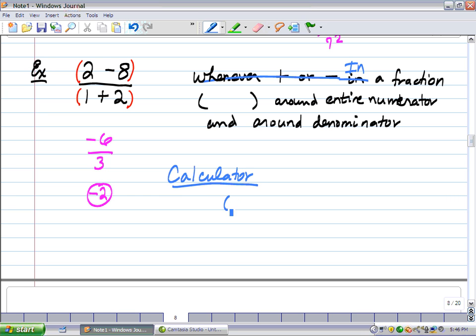I would have to put it in parentheses 2 minus 8 divided by 1 plus 2. The parentheses are necessary. It's two pairs, so parentheses are necessary. So in this case, I have to be careful with that.